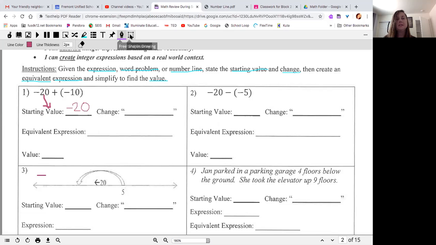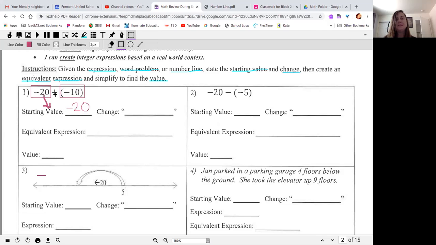Now, change. Sometimes we need to box our terms, right? Box your terms. How many boxes am I going to have? 1, 2. So when I box my terms, the operation that is in between the two boxes is what it's going to be, because pluses and minuses do not go inside these boxes.